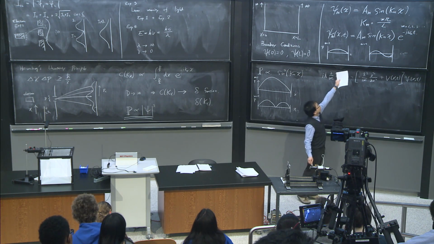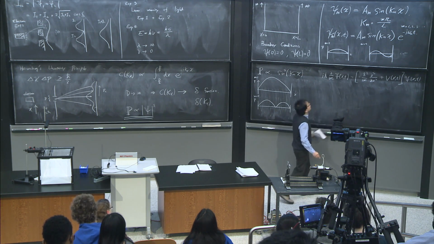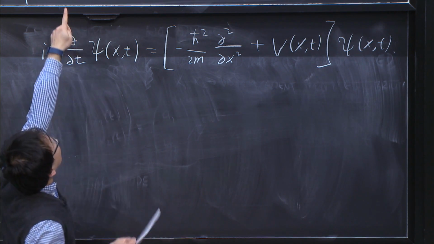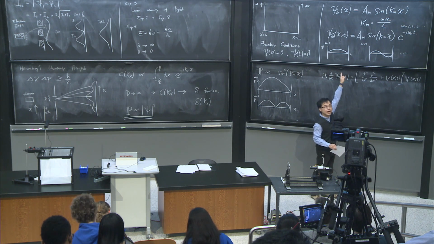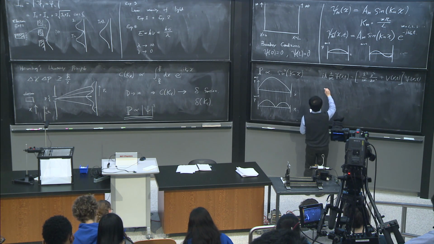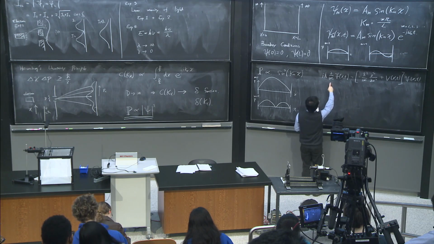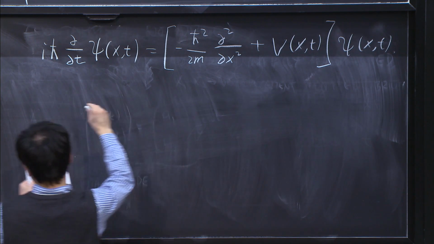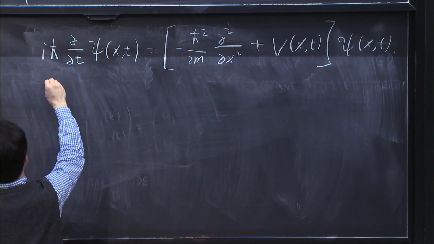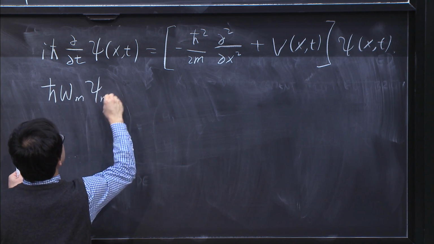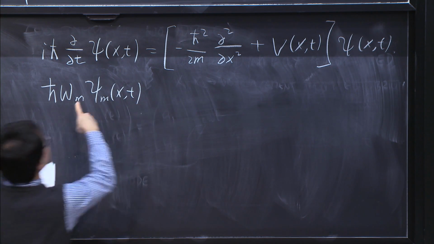And now I already have the normal modes. I can plug that into this equation to see what I can actually learn from there. So what I'm going to do is plug psi_n(x,t) into this equation to get the dispersion relation. Here I have partial t, so I extract minus i omega out of this. Then basically I get h bar omega_n psi_n(x,t) on the left-hand side.